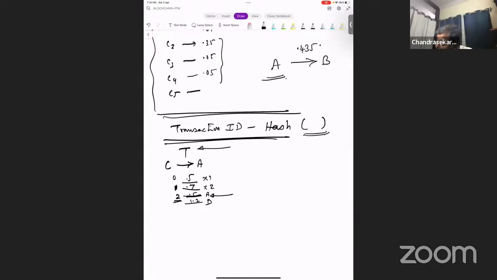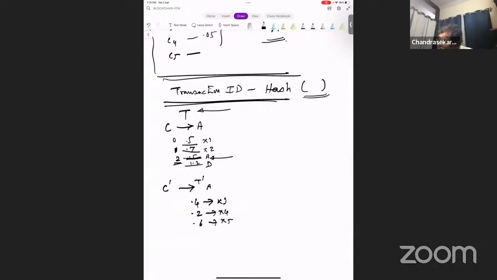Similarly, there may be another C dash who would have transferred, in another transaction T dash, to A, but then he might have done in this transaction 0.42 to X3, 0.22 to X4, 0.6 to X5, 0.01 to Y, 0.25 to A. But here A's output serial number is 0, 1, 2, 3, 4.